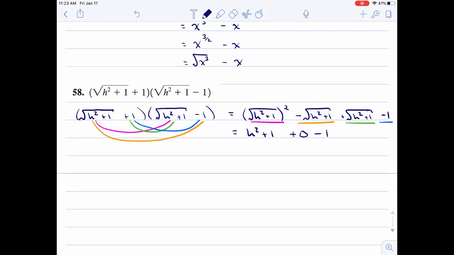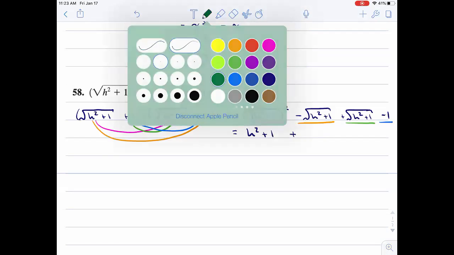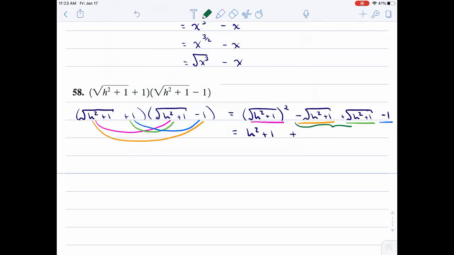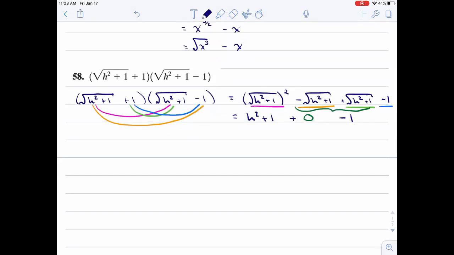Oh, I'll show where that came from, just to be proper. And then minus 1. So now I have h squared plus 1 minus 1. That's just h squared. And there's nowhere else for us to go with that h squared. So then we're done.